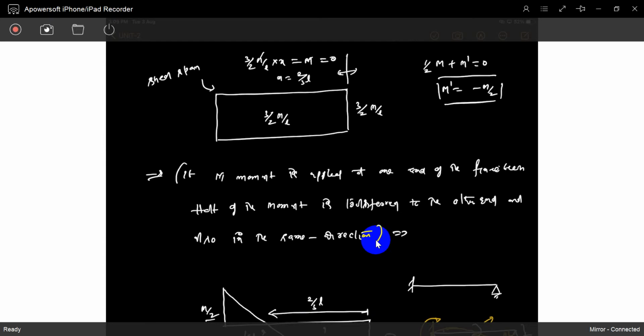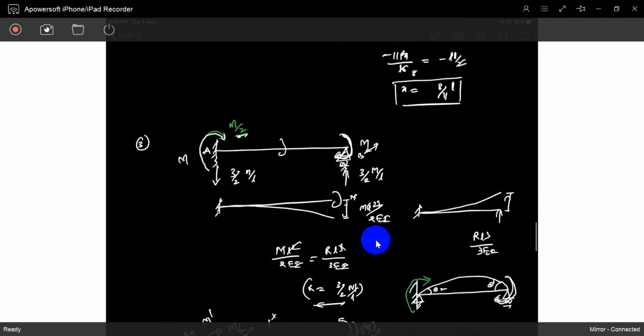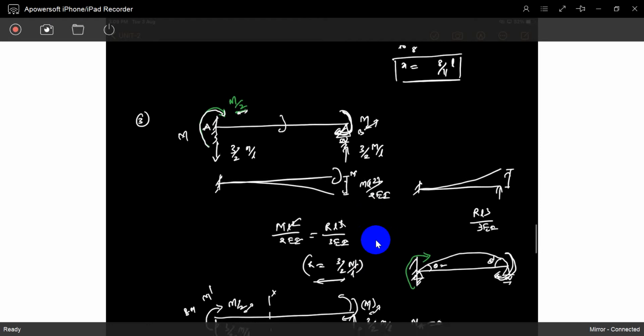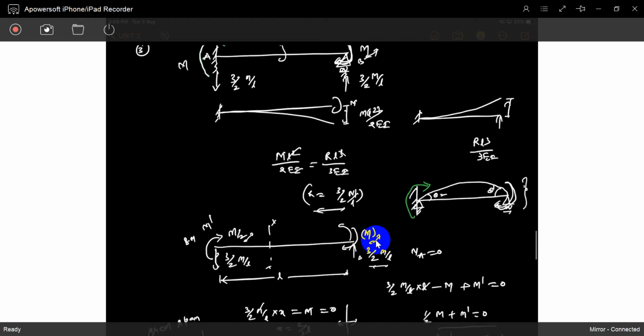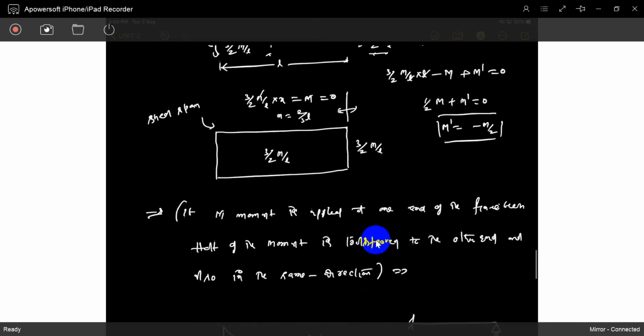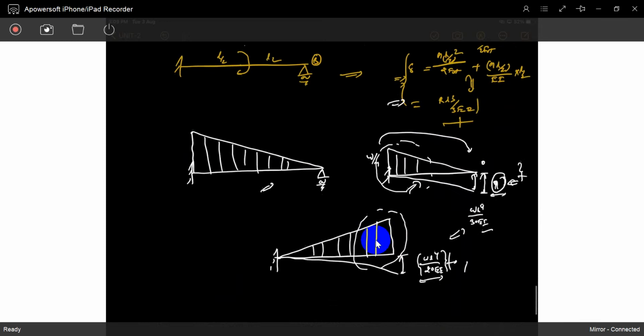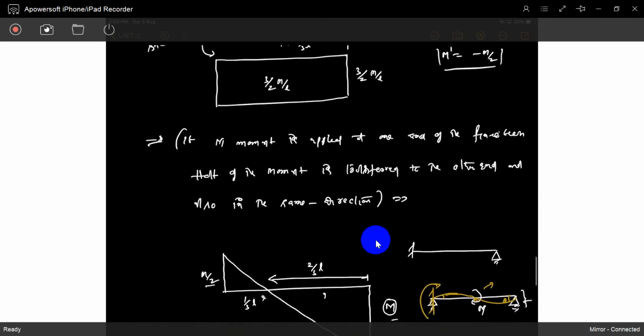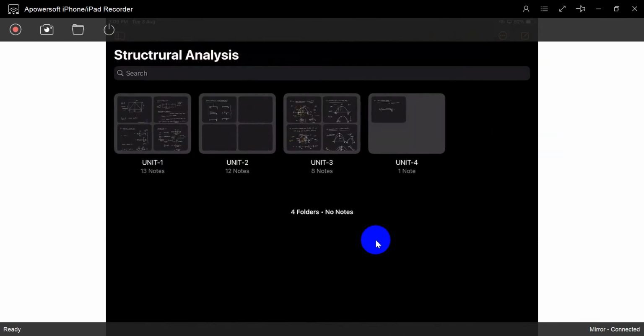For a propped cantilever, if moment M is applied, M by 2 reaches the other end, again in the same direction. If you don't remember, just check it. It's a very important point, and we will use the same point now.